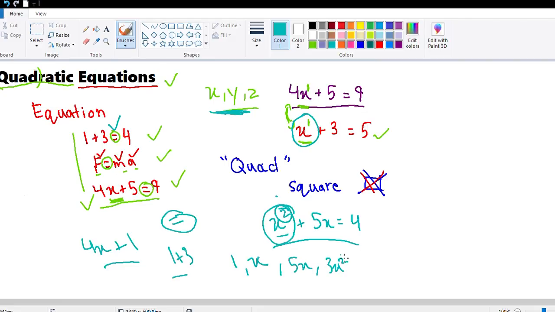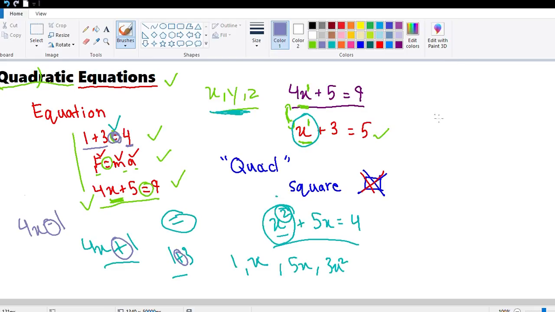Expressions are when terms have signs in between them, like 4x minus 1. This is also an expression because it still has a sign. So from terms to expressions to equations. Equations are when there are two or more expressions or terms in a mathematical statement with an equal sign.